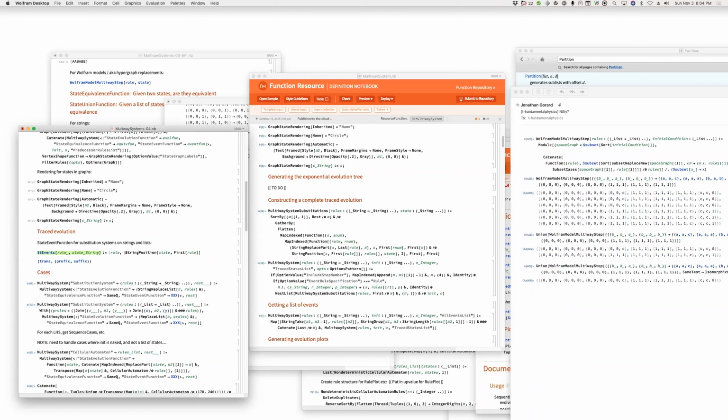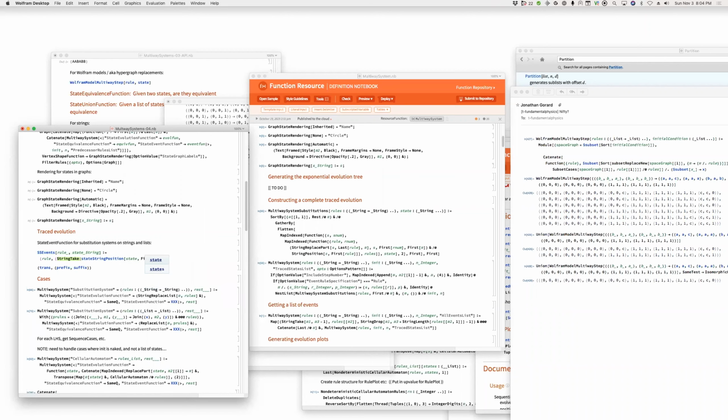So we want a string take of state, comma, first of hash, -1. Do you agree? Yes, I think so.